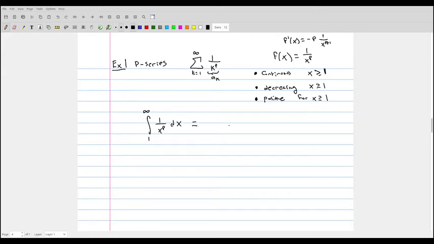So we know how to get the convergence or divergence of an improper integral. This is the limit as b goes to infinity of the definite integral from 1 to b of 1 over x to the p, which is x to the negative p.